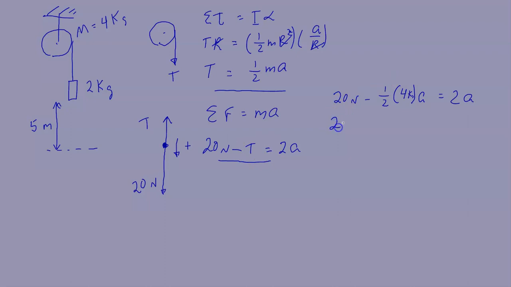And we get 20 newtons minus 2a is equal to 2a. If we solve this right here, we get 4a is equal to 20. And acceleration will come out to be 5.